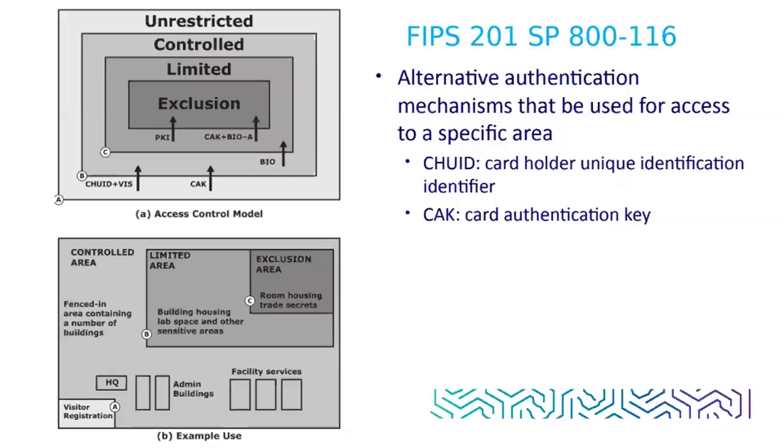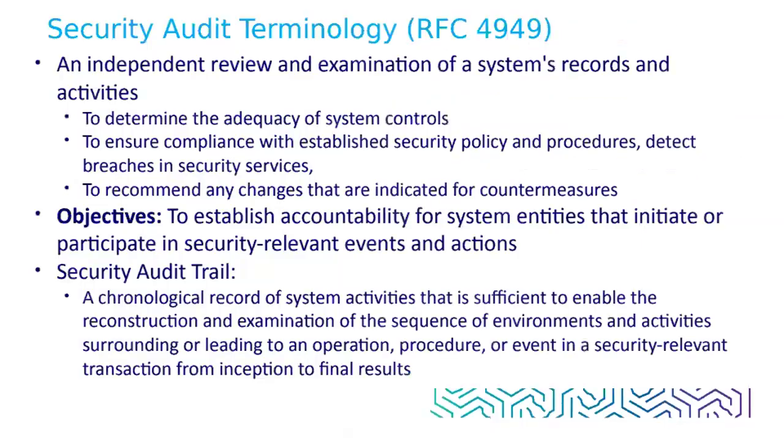Here we are going to specifically identify CHUID and CAK as examples of these mechanisms. CHUID is the cardholder unique identifier, and CAK is card authentication key. This is a part of the integrated physical and logical security systems. These are used to verify the identity before granting physical access to the protected locations.